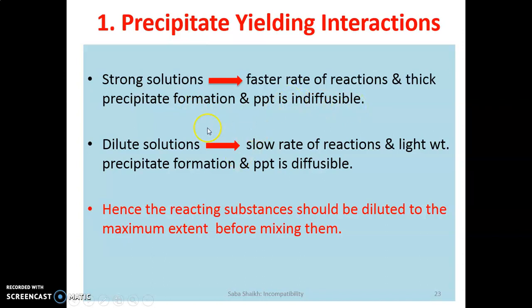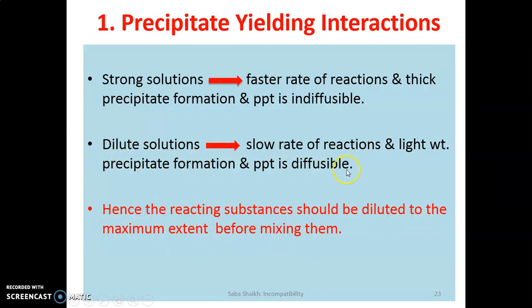Exactly opposite to this, when we use dilute solutions, the rate of the reaction will be slow, and if the rate of reaction is slow, a lightweight precipitate will form. This lightweight precipitate is always in diffusible form. So in these 2, what are we going to choose? Hence, the reacting substances should be diluted to the maximum extent before mixing.